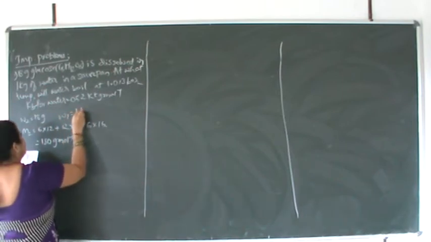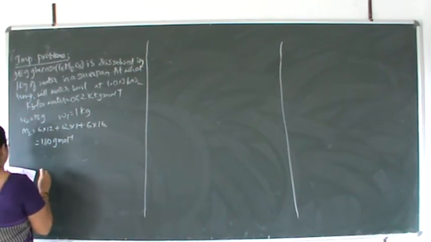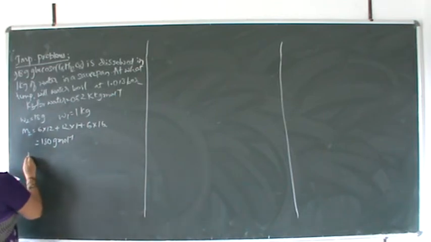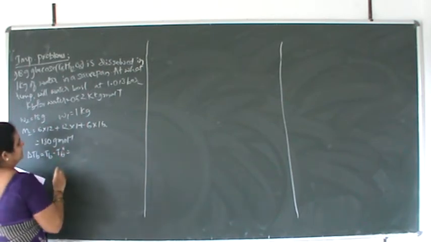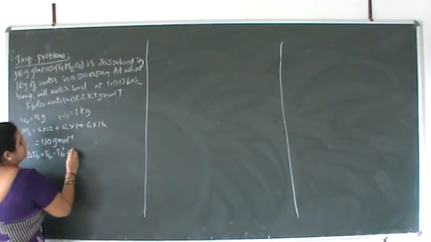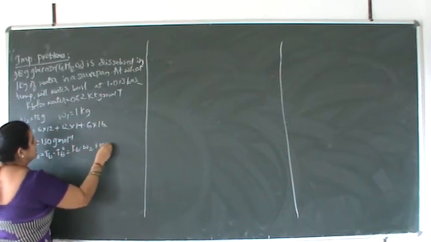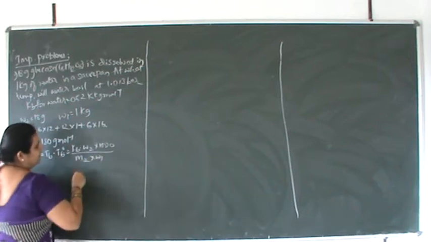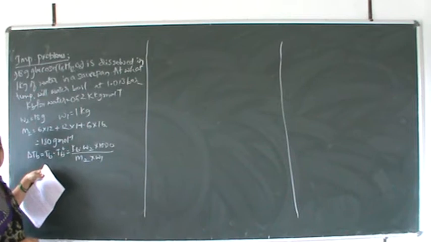W1 is equal to 1 kg. So Kb already I have written here. So delta Tb is equal to Tb minus Tb naught is equal to Kb into W2 into 1000 divided by M2 into W1. This is the formula which is related to elevation in boiling point.